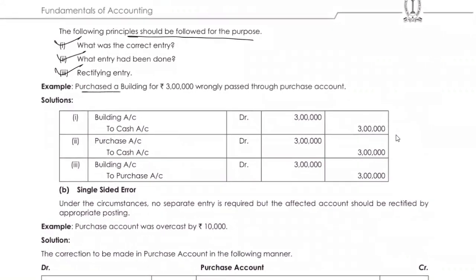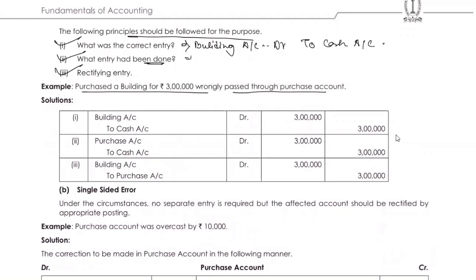Now see, purchased a building for 3 lakh wrongly passed through the purchase account. The same example which we had, correct? So what is the correct entry over here? Building account debit to cash account. What entry has been done?